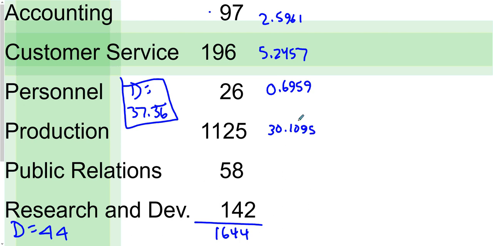And 58 divided by 37.36 is 1.5523. And 142 divided by 37.36 is 3.8005.